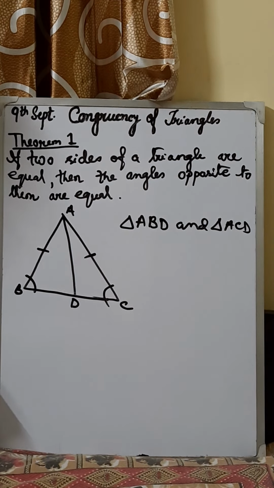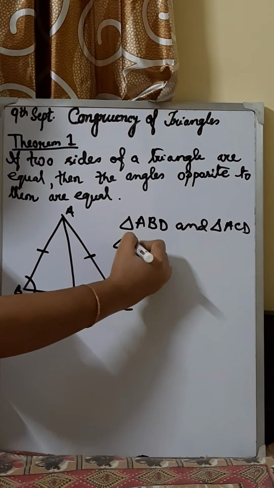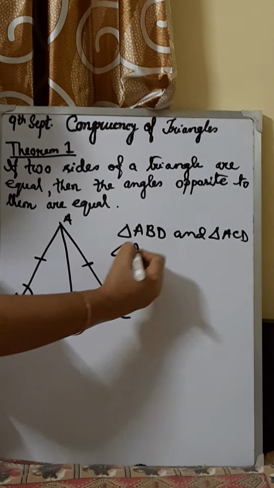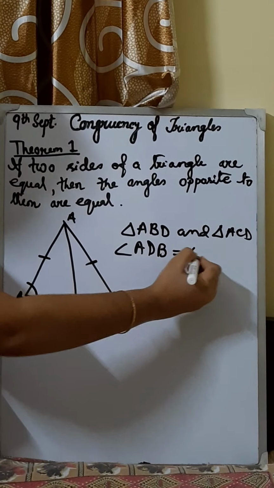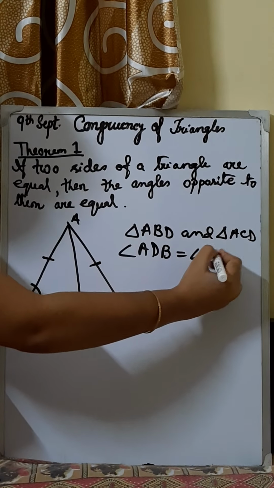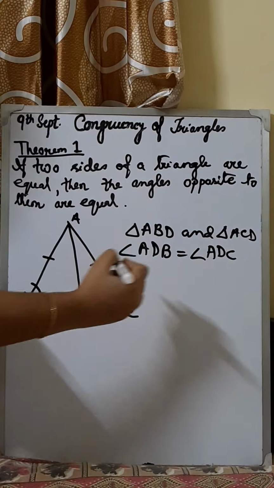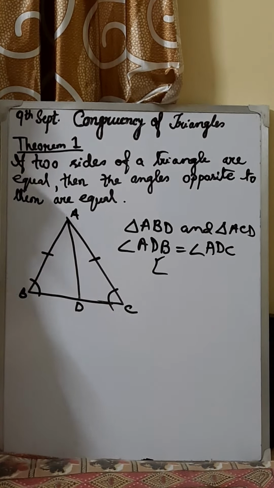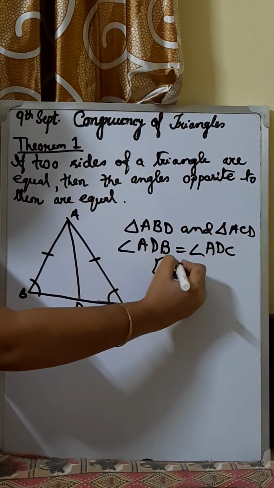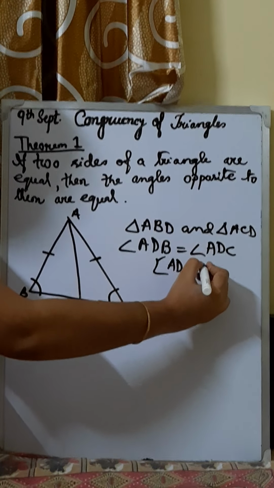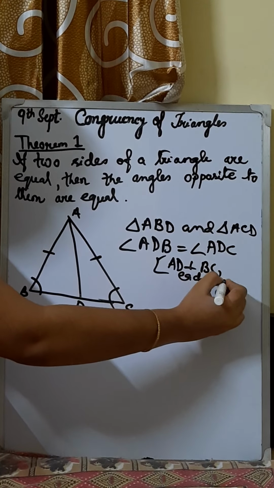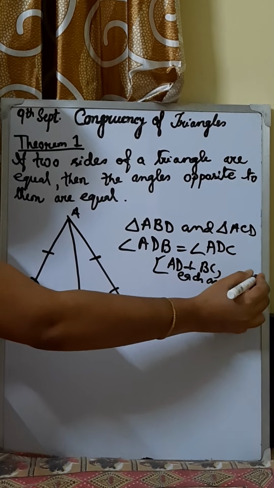In these two triangles, angle ADB equals angle ADC, because each angle is 90 degrees. Because we drew AD perpendicular on BC.